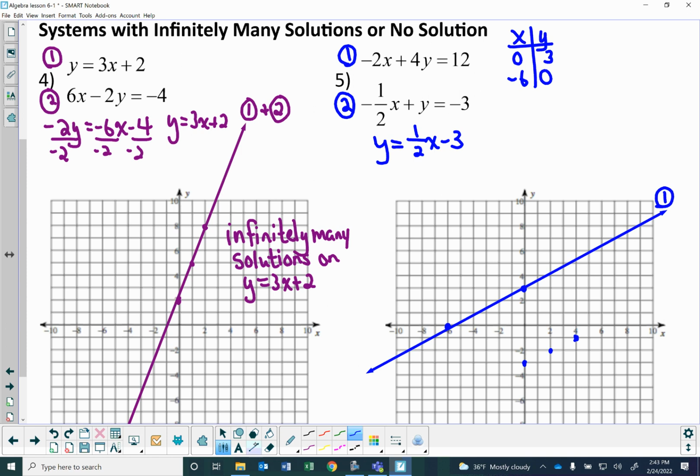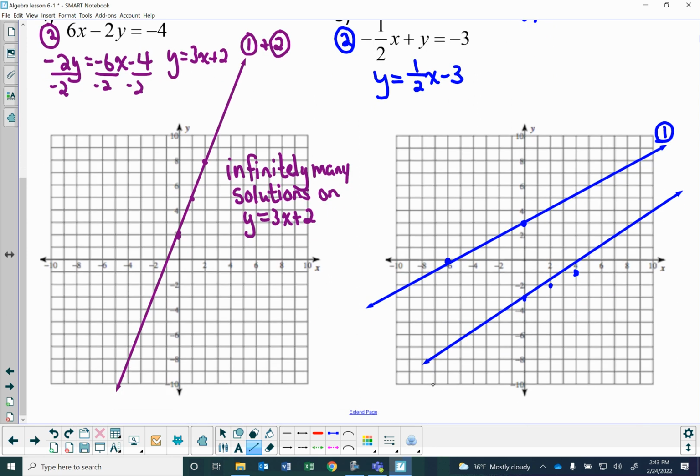So if I draw this line, and of course I missed that one too. There we go. There's equation number 2.